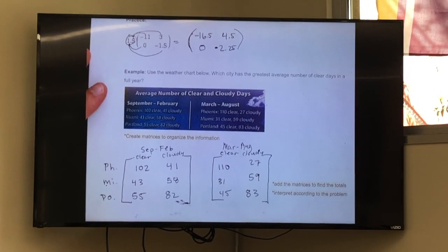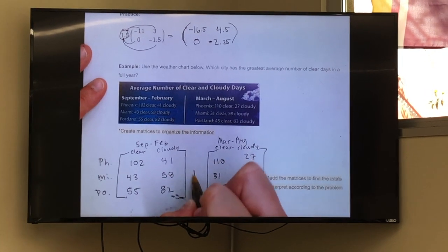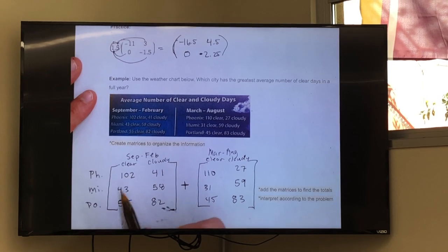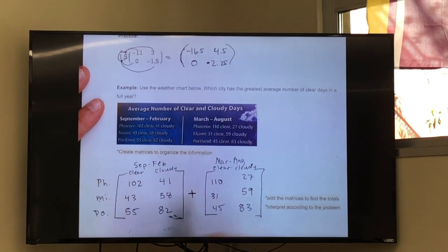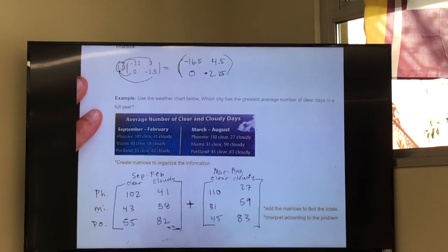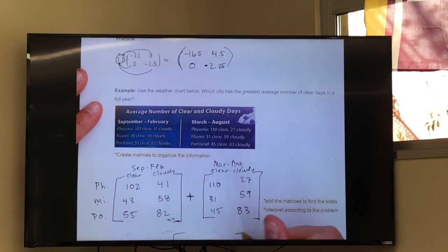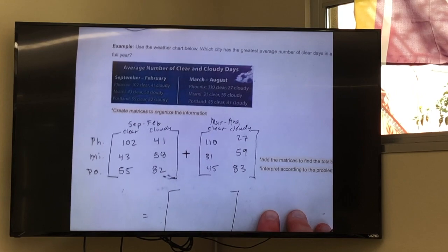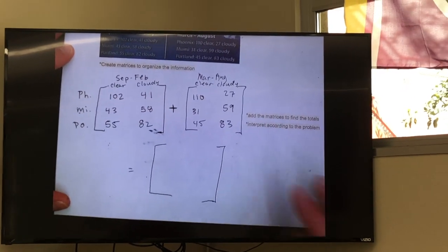In this situation, you would add the two matrices, just like we did in the front. This is a 3 by 2, and this is a 3 by 2, so I know my final answer will also be a 3 by 2. All right, so we're adding them.